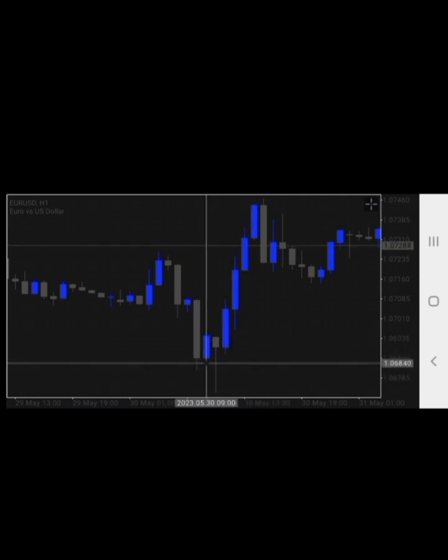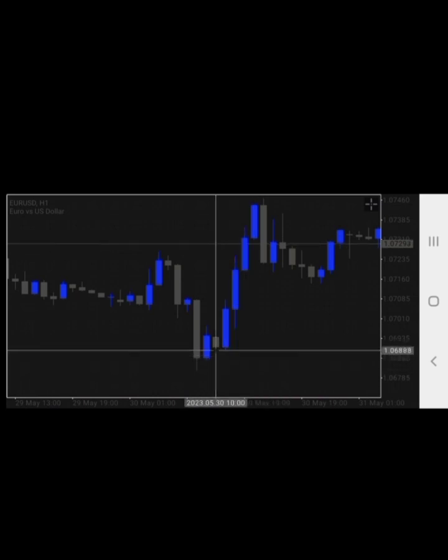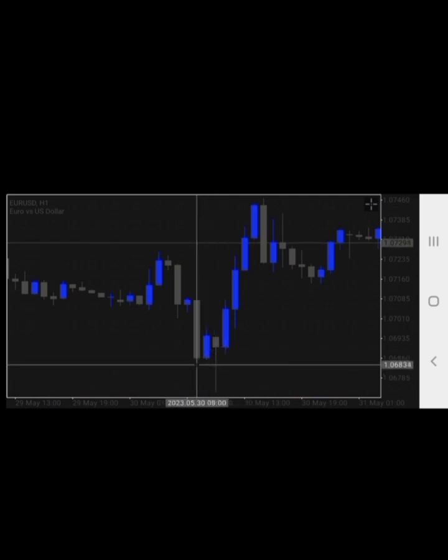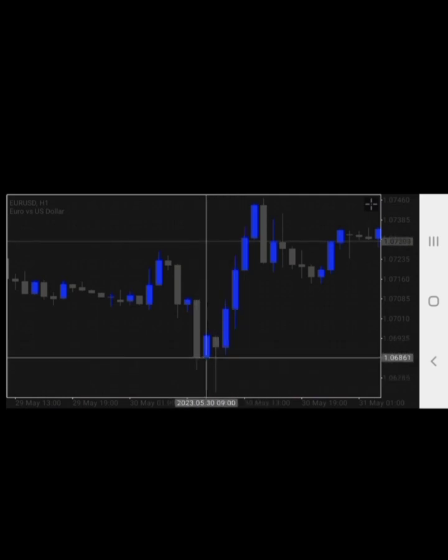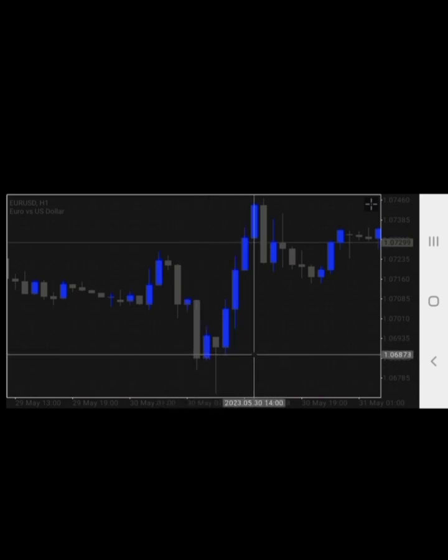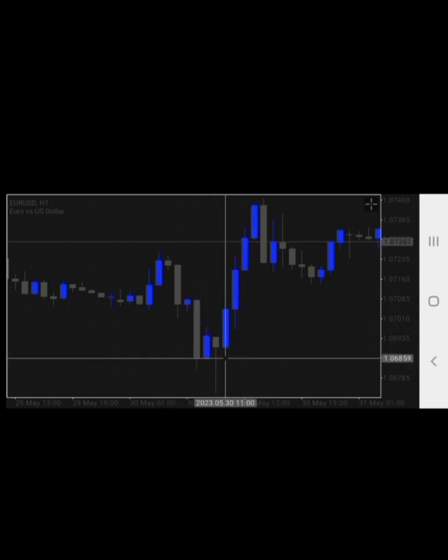This is where price has been, not where the price has closed. So I want you to think of the wick as liquidity. Think of the wick as a tool they use to take money and then go in the direction.